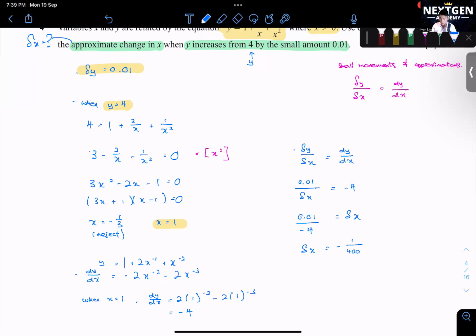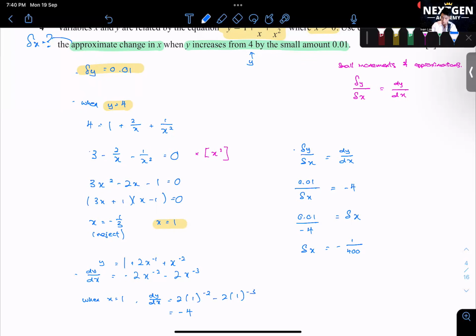Is your answer -1 over 400 correct or not? Then you lose 1 mark. Okay. Any questions on this one? Okay, so this is an approximate change kind of question.